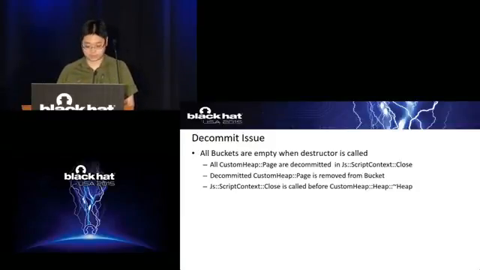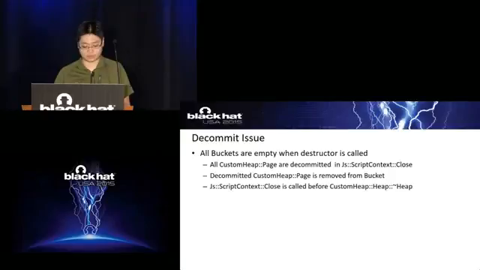But when we reach the destructor, we will find that all the buckets are empty. The one we chose to overwrite is not there. Why? Because all custom pages are decommitted in JS script context close, and the decommitted custom heap page is removed from the bucket, that is the doubly linked list.